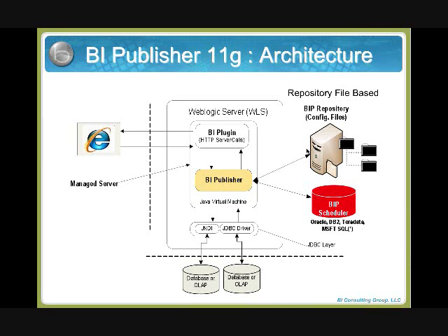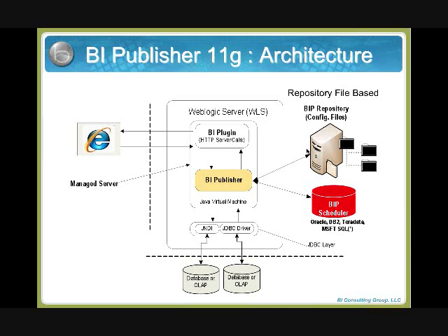So first, let's take a look at this slide that explains the logical architecture in a simplified way of how BI Publisher is part of the BIEE installation. On the left-hand side, we have an Internet Explorer, a user that requests to run a report.